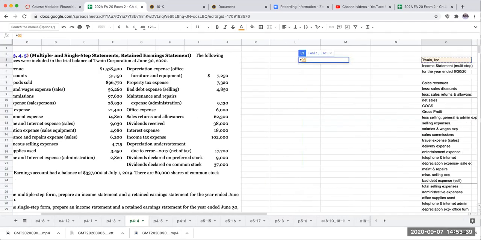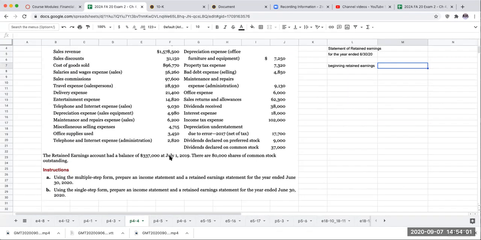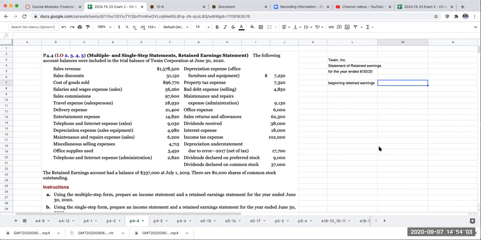Okay, so I've got Twain Inc., Statement of Retained Earnings for the year ended 6/30/20. So here I'm going to start out with my beginning retained earnings. My beginning retained earnings for this particular question was $337,000.